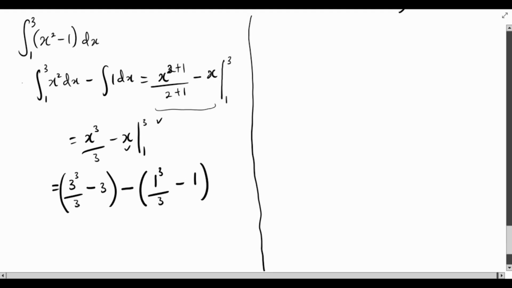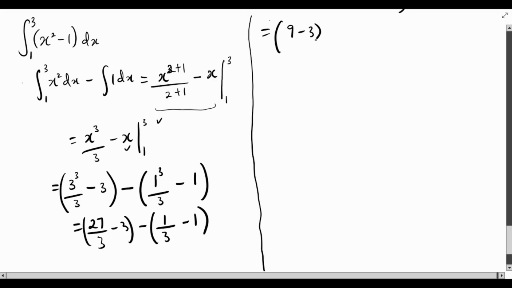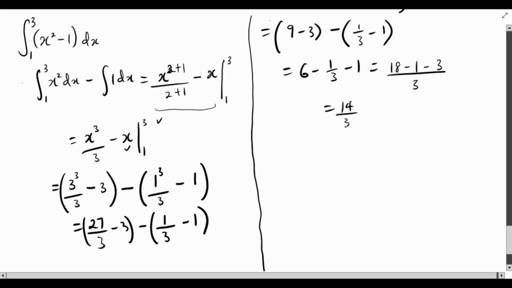Now, 3 to the power of 3 is 27. 27 divided by 3 minus 3, minus 1 to the power of 3, which is still 1, divided by 3 minus 1. So let's move here. 27 divided by 3 is 9. 9 minus 3, minus 1 over 3 minus 1. So this is 6 minus 1 over 3 minus 1. Okay, let's make 3 the denominator, the LCM. 3 times 6 is 18, minus 1 minus 3, which is 17, which is 14 divided by 3.